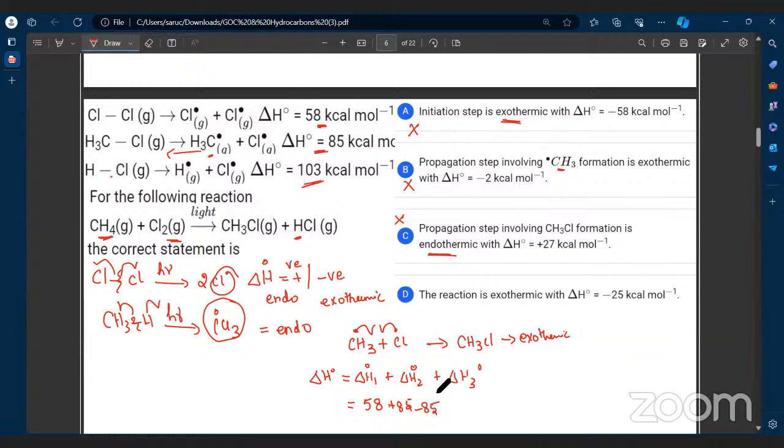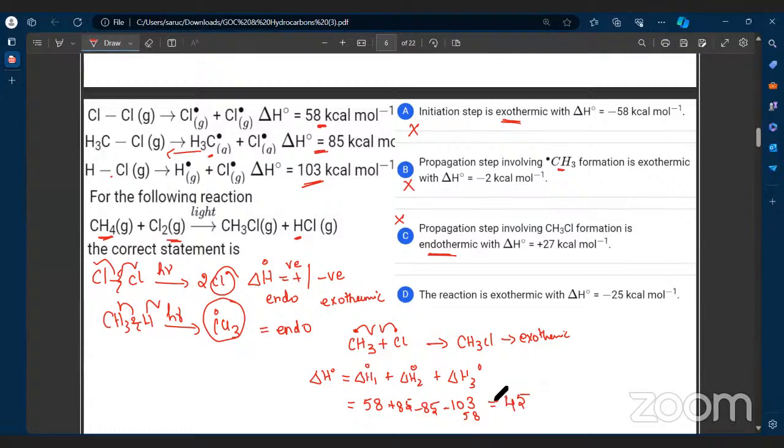So what value will we get? You'll get some minus 45.